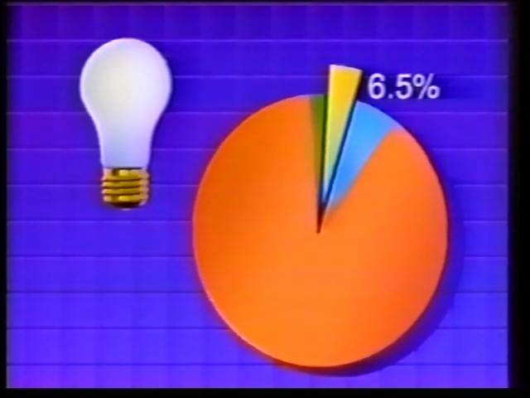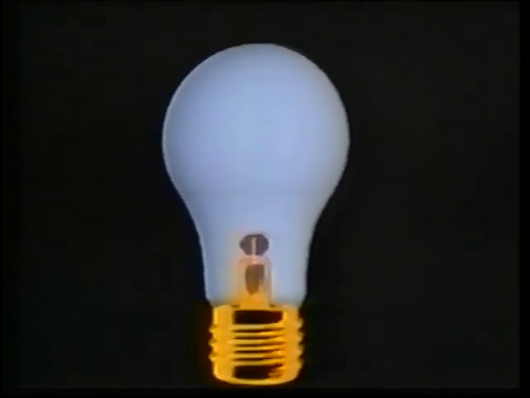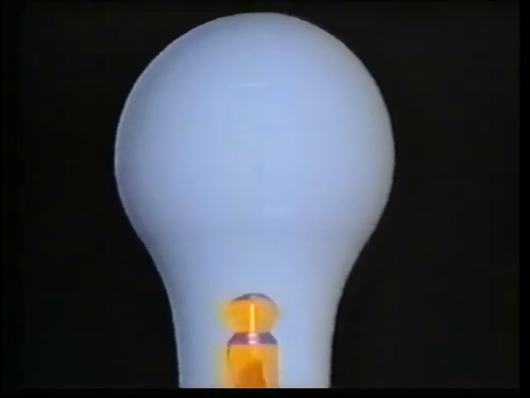Not very efficient. Since the construction of all incandescent lamps is basically the same, let's take an in-depth look at the construction of one of the most popular, the A-line. The heart of the lamp is the light-producing filament. As we said, tungsten is the best material for filaments because it combines high output and ductility with low cost.